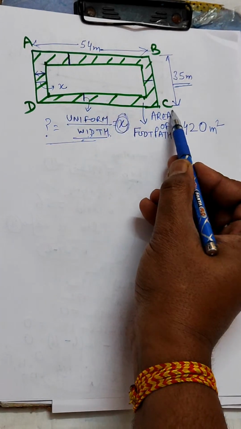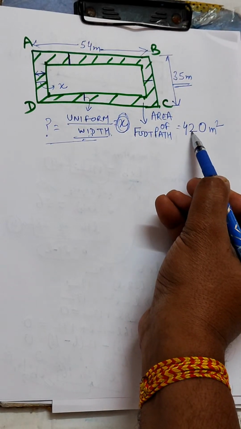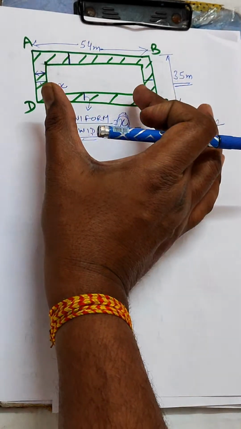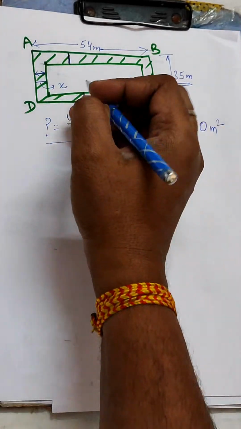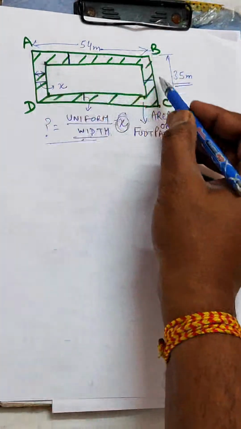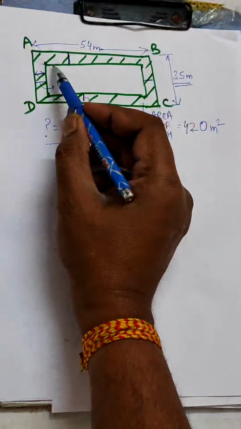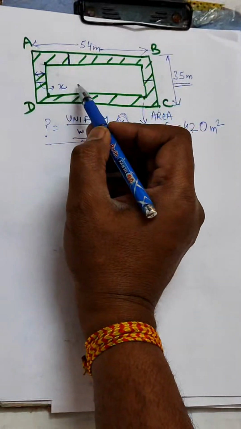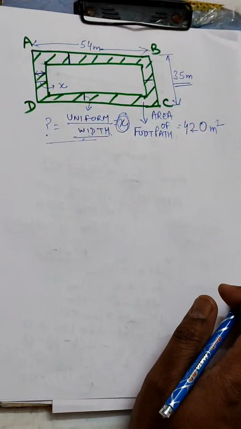Since the area of the footpath is given as 420, just observe the picture very carefully. Here you can see two rectangles, one with the outer dimension and the blank one which is inside it, right?